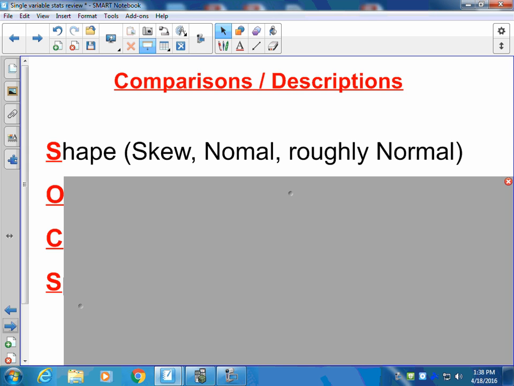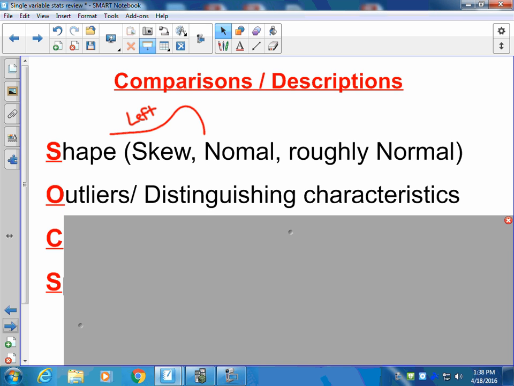Is it skewed left, skewed right, normally distributed? Remember the skew is towards your long tail. So this graph would be a skewed left graph. Normal and roughly normal are all good terms to use when making descriptions. O is for outliers or distinguishing characteristics.